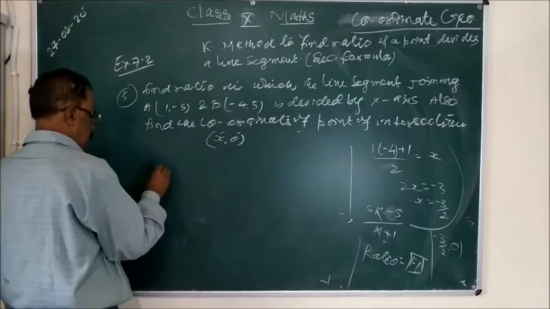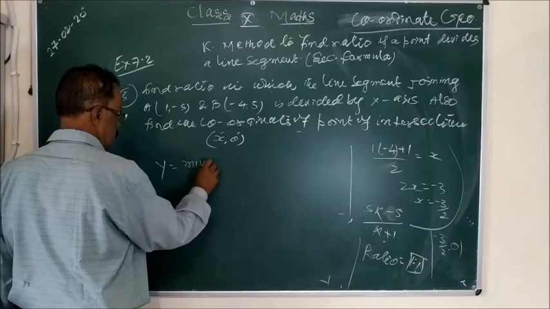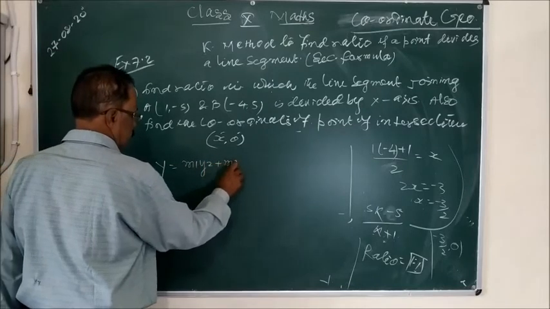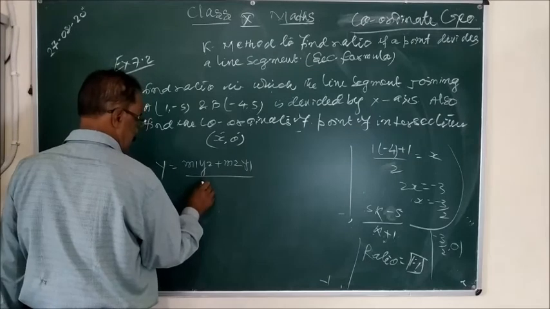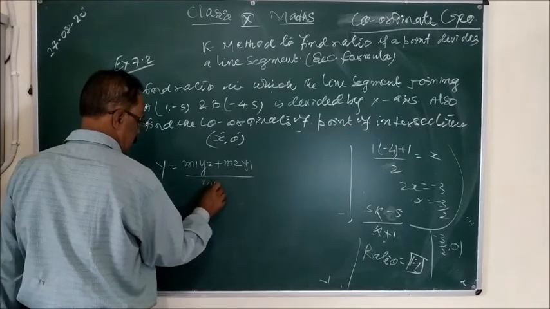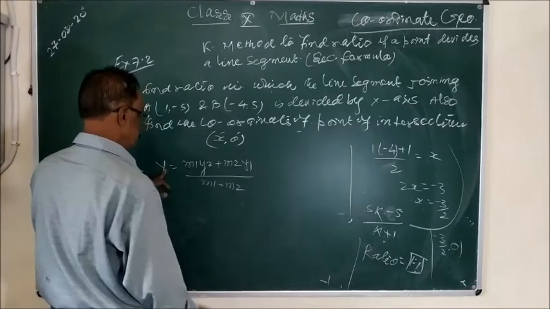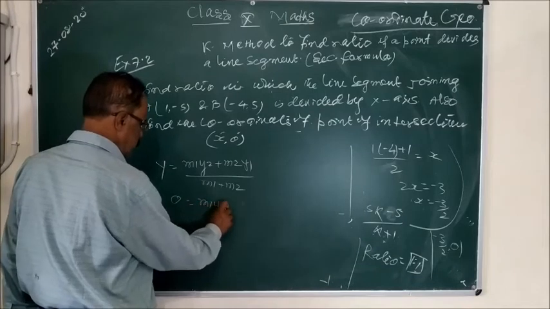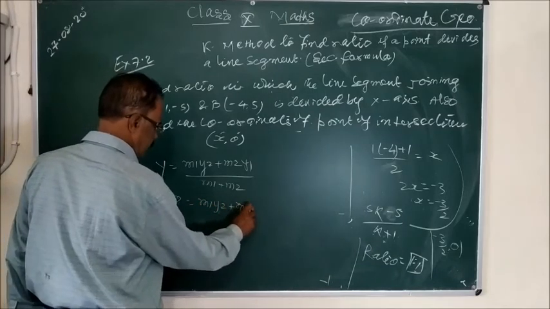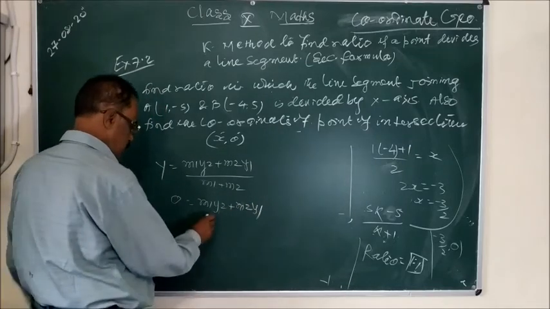Now what is the formula for the ordinate y? m1 y2 plus m2 y1 upon m1 plus m2. Here this is 0, so m1 y2 plus m2 y1, by cross multiplying, will be 0.